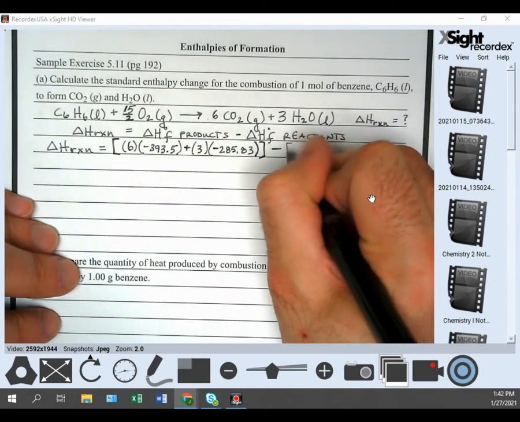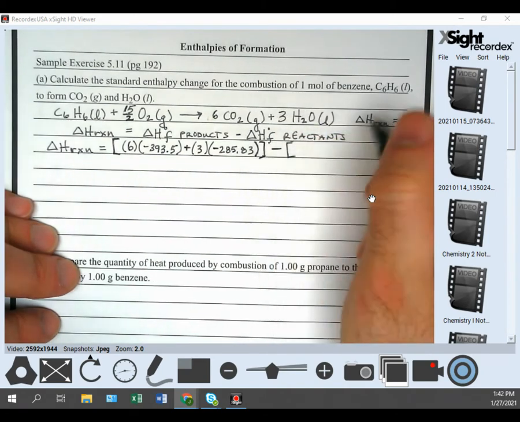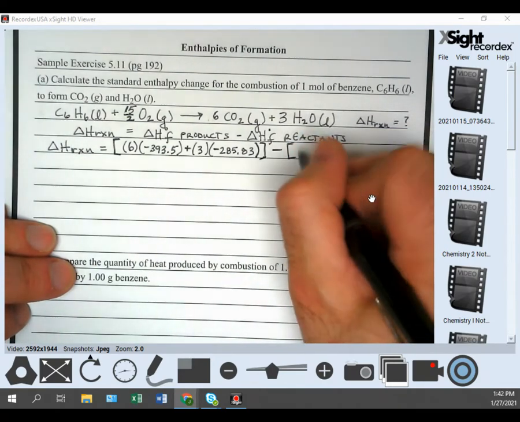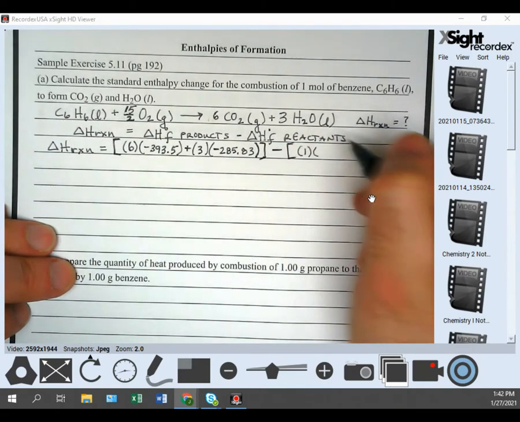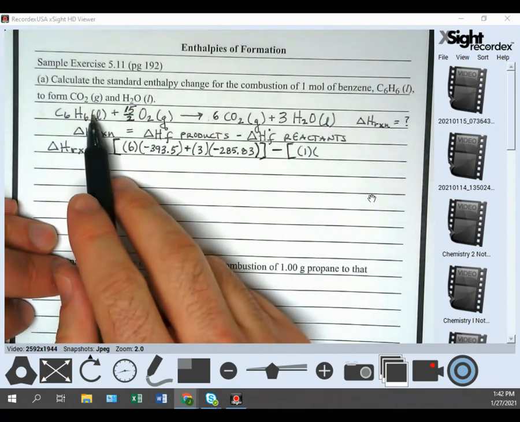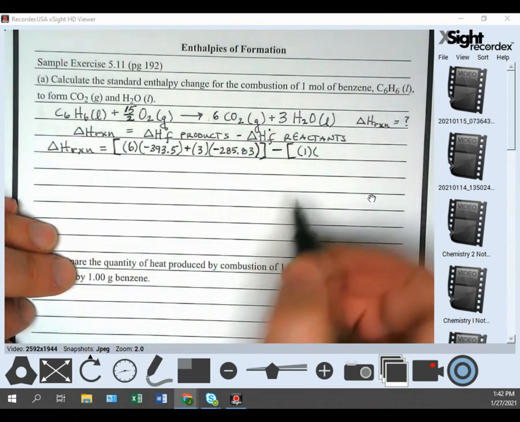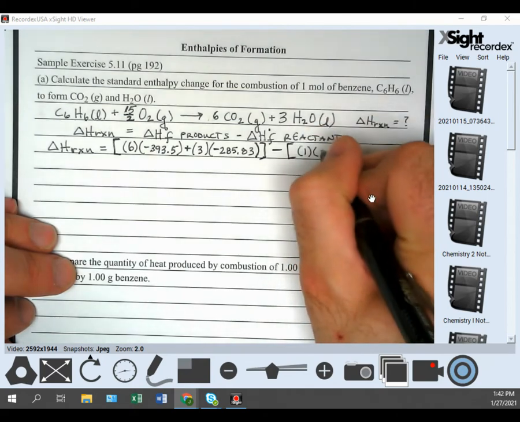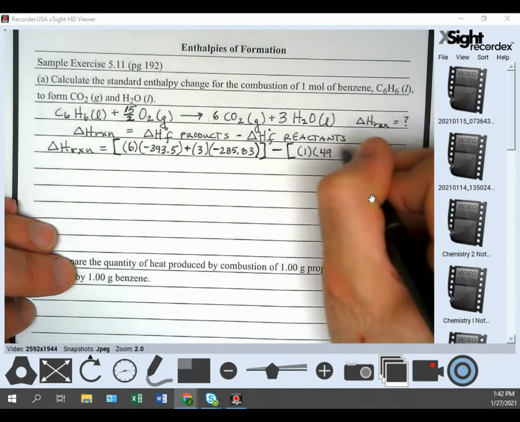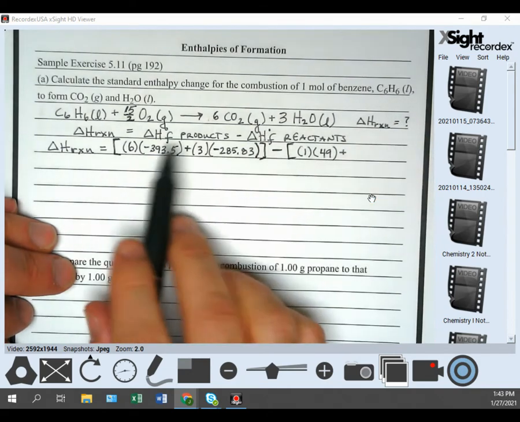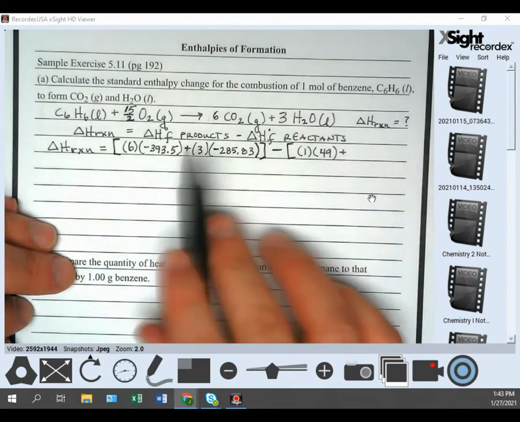So another bracket. My reactants here is just a 1. And I look up my delta H of formation for C6H6 liquid. It's 49. Plus, now I'm going to put all this in so people can see where I'm getting the numbers from.